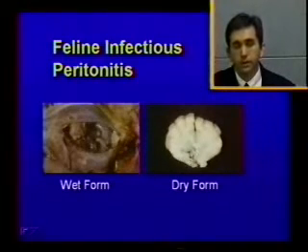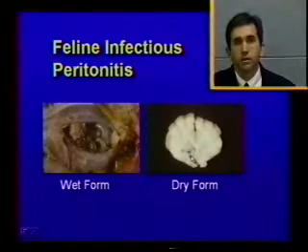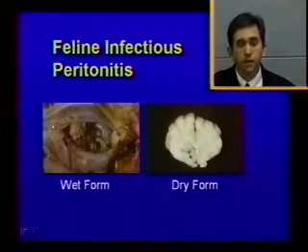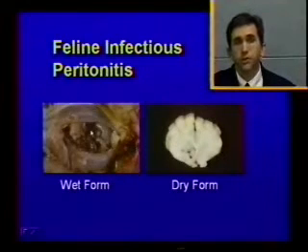And what we see here is this asymmetrical area that I'm pointing out that is deep red. That area is a site where the blood vessels have been injured and there has been hemorrhage, and that is the classical form, the dry form of FIP. So this cat would show neurological signs, and this cat would have shown a very distended abdomen and a high fever.